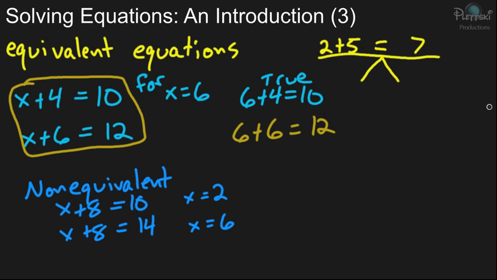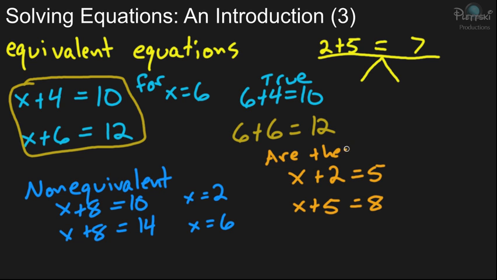Okay, let's do an example where we're going to test to see if two equations are equivalent. Let's say we have the equation x plus 2 equals 5, and then x plus 5 equals 8. Are these equivalent?